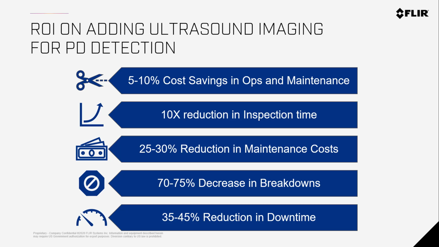So when we talk about the different applications where ultrasound imaging can be used, we need to understand how the addition of this technology can improve the ROI, or return on investment, when monitoring for partial discharge. We can see some of the bullets here: a 5 to 10% cost savings in operation and maintenance times, 10-times reduction in inspection times, 20-30% reduction in maintenance costs, and the big one, right, a 70 to 75% decrease in breakdown, which ultimately, at the end of the day, in a lot of these different plants, whether it's an electrical or utility company or manufacturing facility, what we're here to basically reduce is downtime, right?